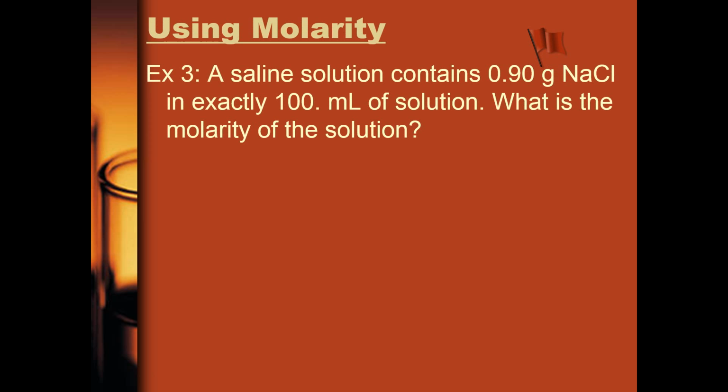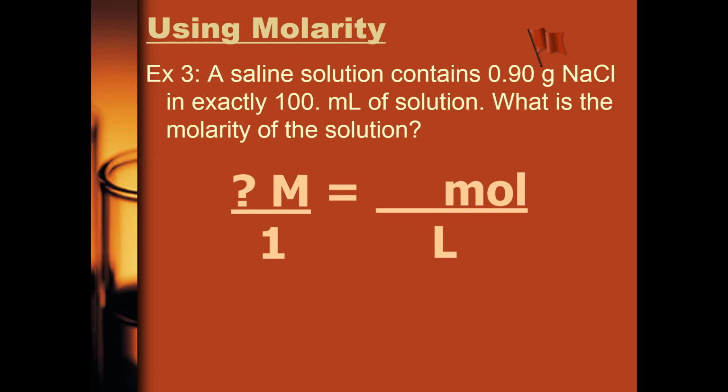Whenever there's grams or moles involved, grams or mass involved, because that's really the same thing, we need to do some side work. Now, if we were to start off with our formula, big M over 1 equals moles over liters, and we tried to plug in as many numbers as possible, what we would find is that we're looking for molarity, so this is going to stay our X. The volume is actually given to us in milliliters.